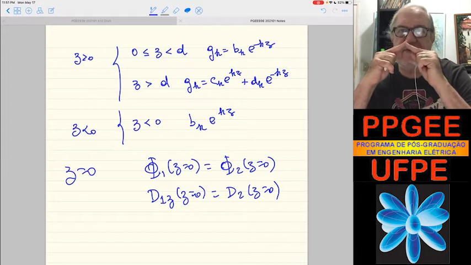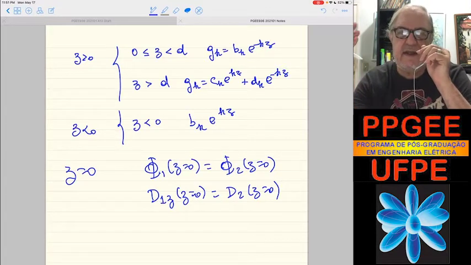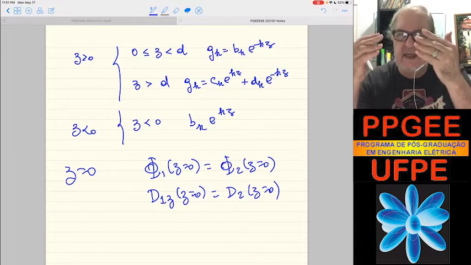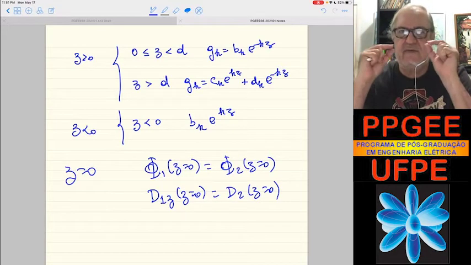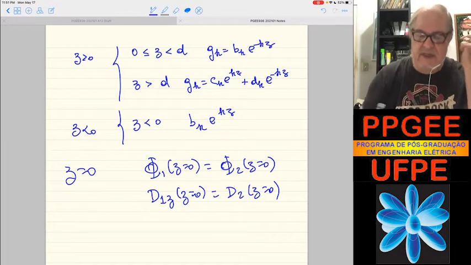The expansions have to have the same value at z equals d, calculated from the subdomain where z is larger than d, or from the subdomain between 0 and d. So these functions have to be continuous.